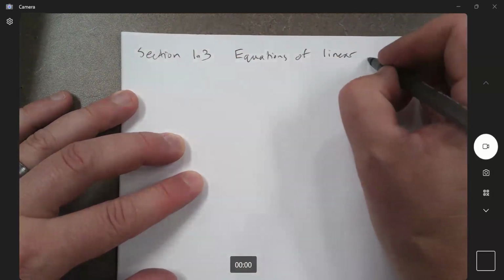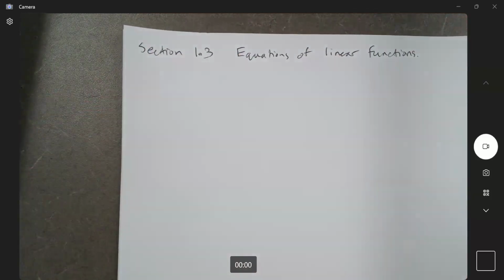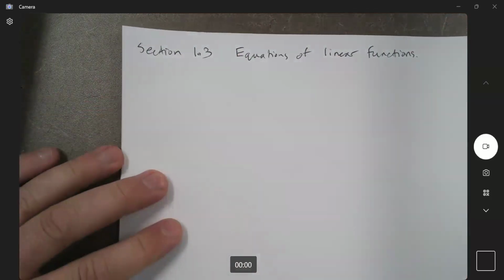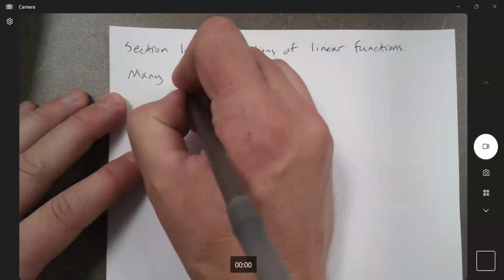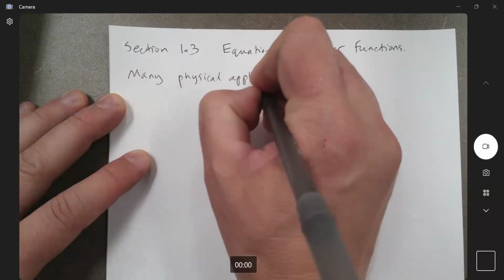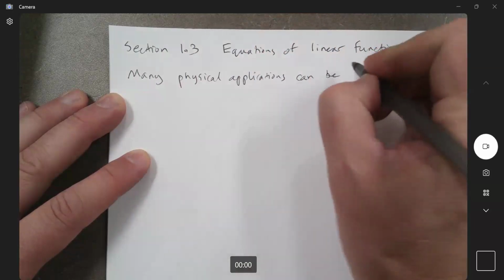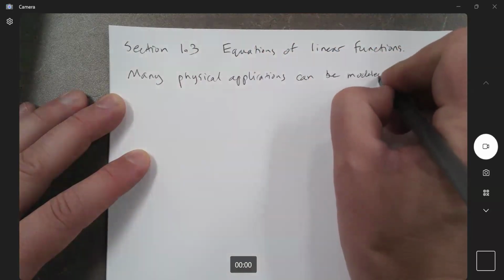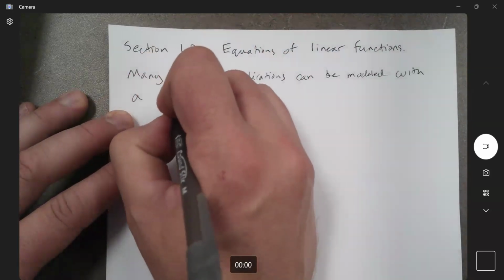So many physical applications can be modeled with a linear function.